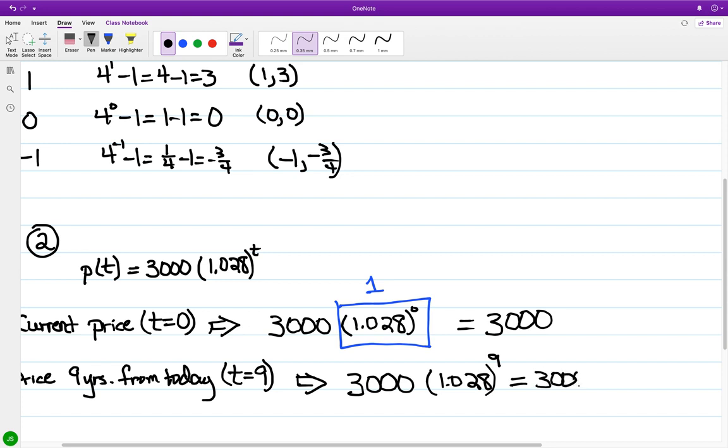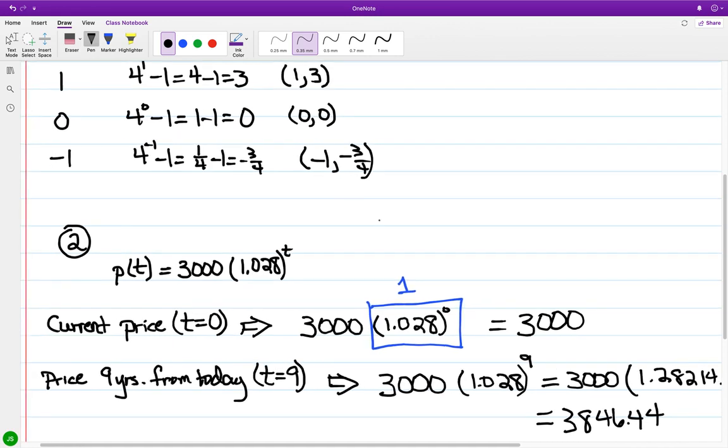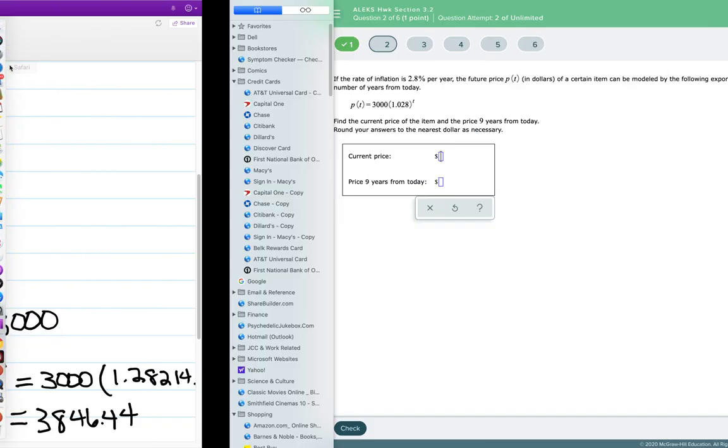And so just taking the numbers that we have here, in the case of 1.028 taken to the 9th power, and I have 3,000 times 1.28214, and if I take to the nearest penny, this would be about $3,846.44.